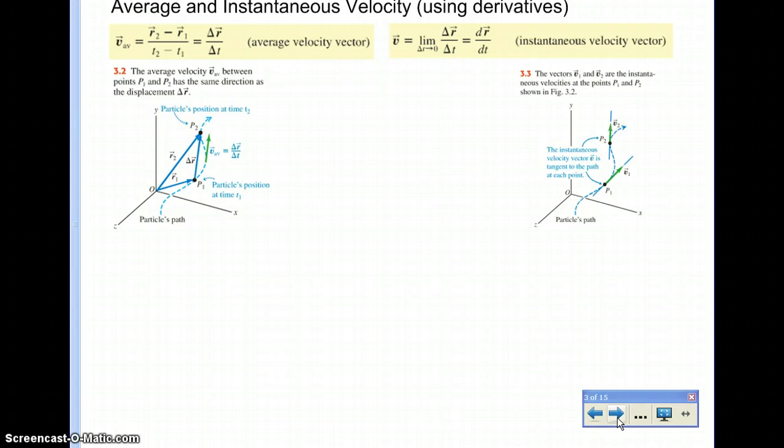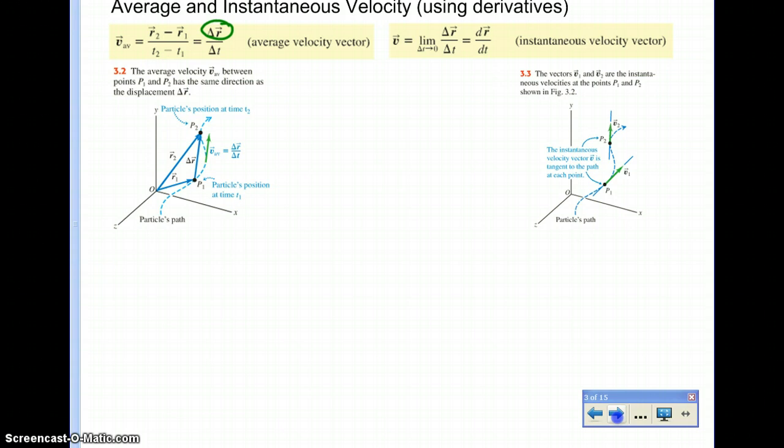Now, when we think about finding that average velocity, you can see the notation that I've included here from your book. We're looking at average velocity just the same way we always have. It's always displacement over time. But now we're viewing that displacement as a resultant vector. It's the resultant of more than one vector.